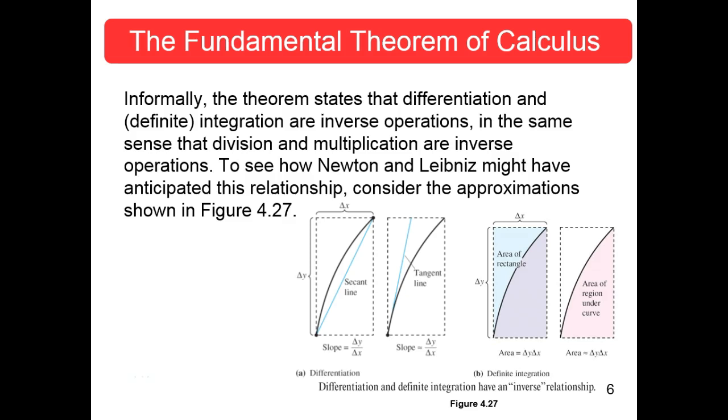That's differentiation. Definite integration, when you're talking about areas under a curve with a rectangle, if you just have one big delta x, delta y times delta x, that's an approximation, but it's not a very good one, just like this wasn't a very good approximation of the slope of the tangent line. But if you then sum up lots of little rectangles, and this is where they don't make this really clear at all.